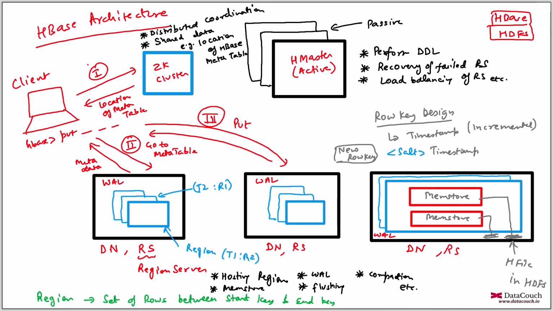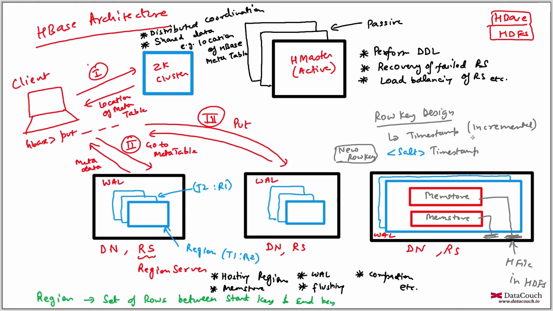And when it is not incremental, the data written to the cluster will be written on multiple machines: some data here, some data here, some data here. So then your write performance will be very good. But at the same time, read performance will be impacted. If you have a row key like the earlier one, then your write performance is impacted because all data is going to a single region server, but your read performance is very good in this case.